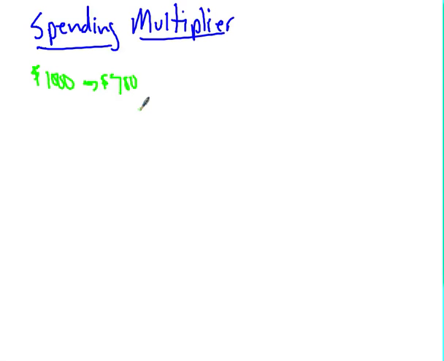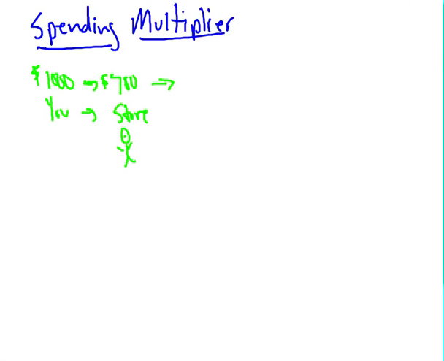Now the catch here is that this $700 goes to, so this is you, and you just bought something from a store. We'll make this another person. When you spend your money, that $700 becomes somebody else's income, and so now they're sitting on $700.